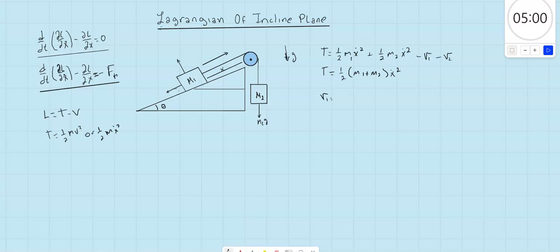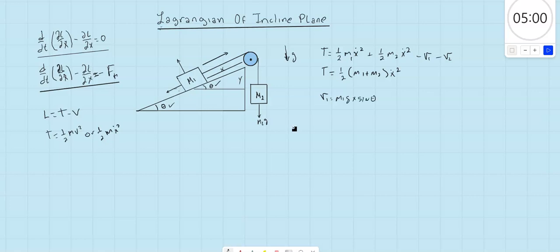We'll call this angle here theta, because this theta here is the same as theta here, and we could call this height here y. So our potential here will be the opposite of an x, so it will be m1 g x sine theta.